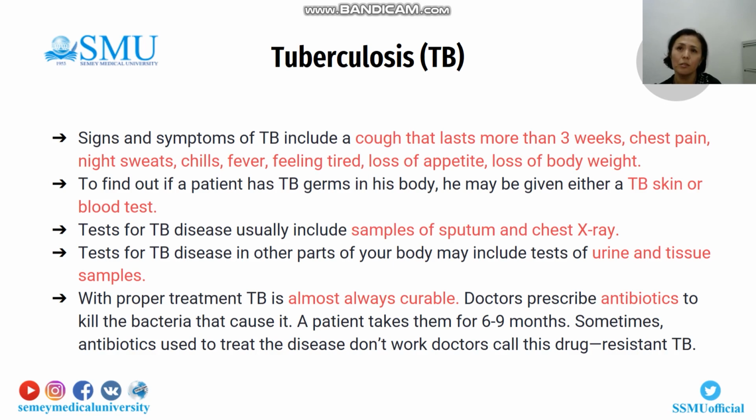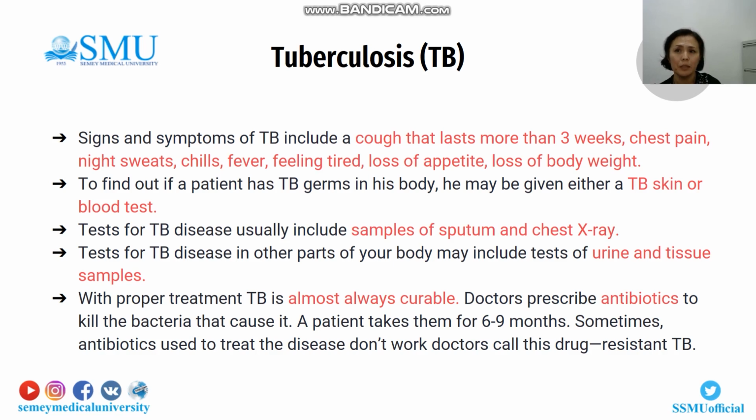To find out if a person has TB germs in his body, he may be given either a TB skin or blood test. Tests for TB disease usually include samples of sputum and chest X-ray. Tests for TB disease in other parts of your body may include tests of urine and tissue samples.